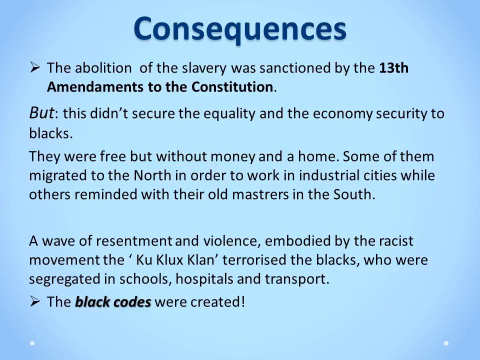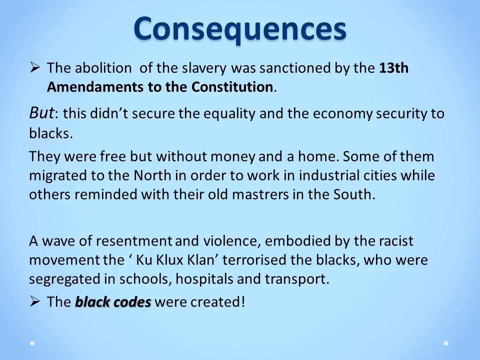The consequences. The abolition of slavery was sanctioned by the 13th Amendment to the Constitution. But this didn't secure equality and economic security for blacks. They were free but without money and a home.